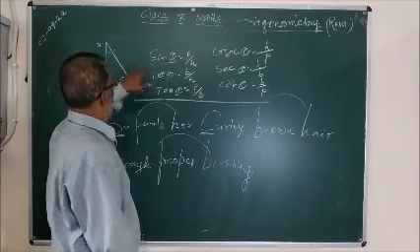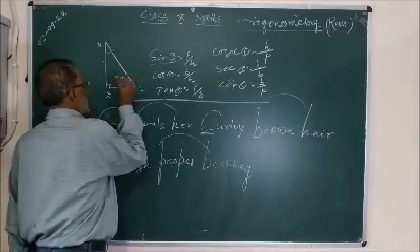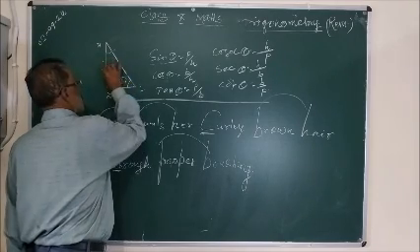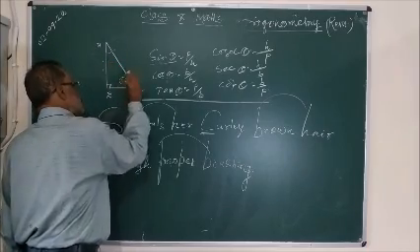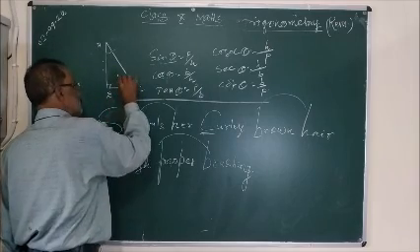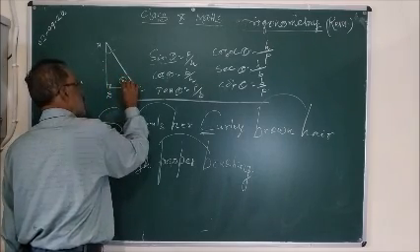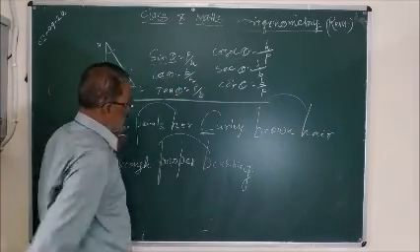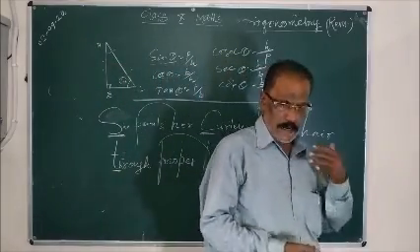So sine, you can also understand it this way: what is the sine of this angle? It is P by H. P means perpendicular, the side opposite to the angle theta, upon the hypotenuse. So it is a process to learn.